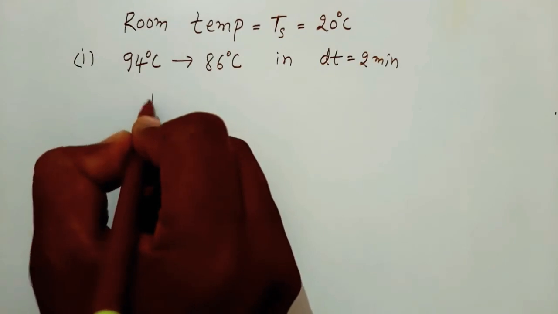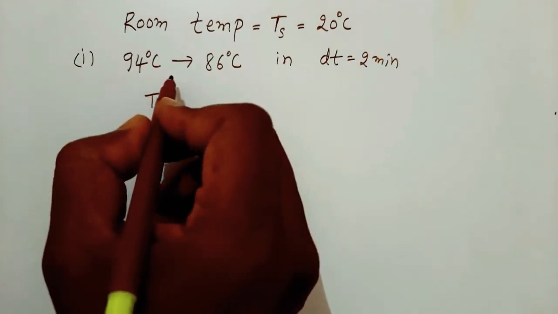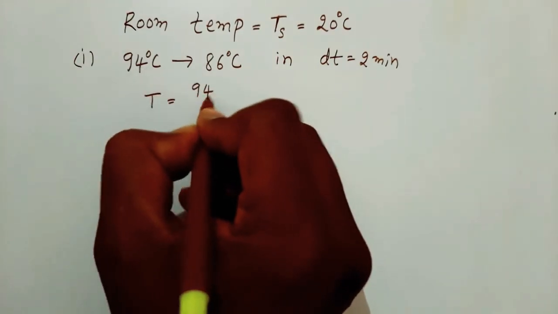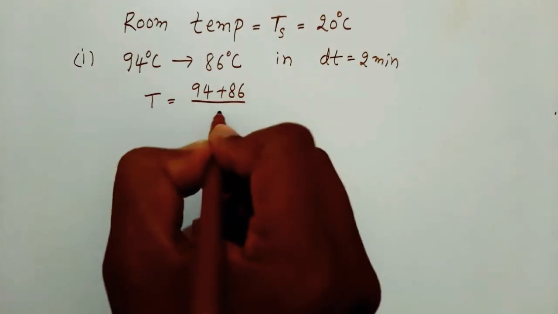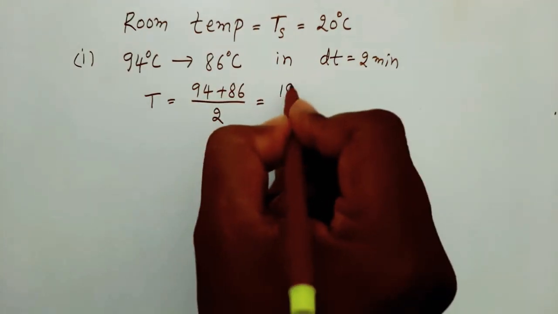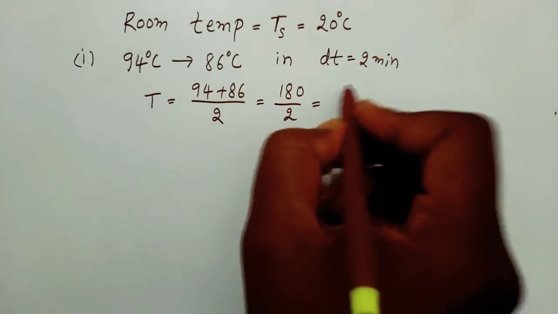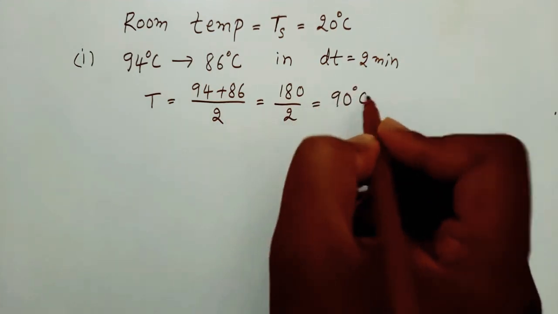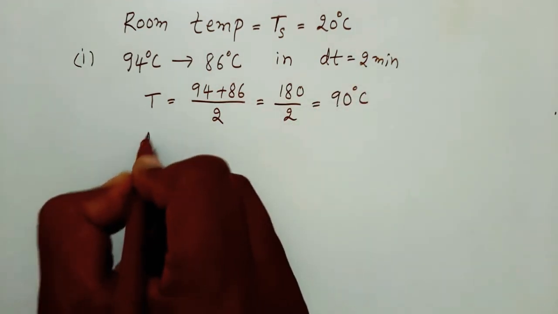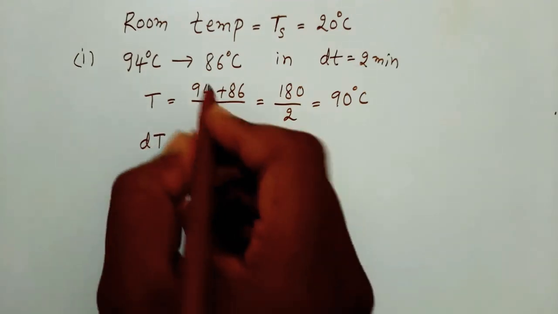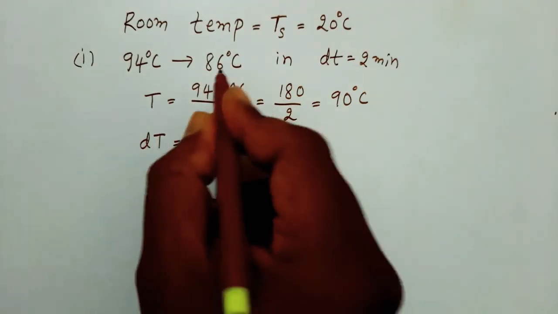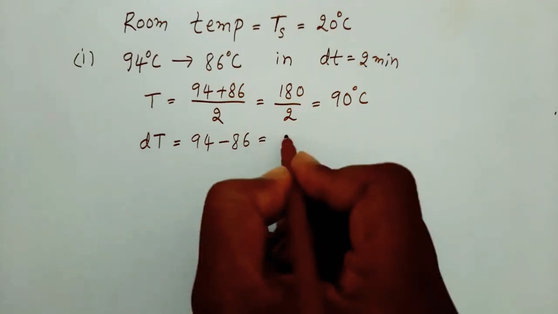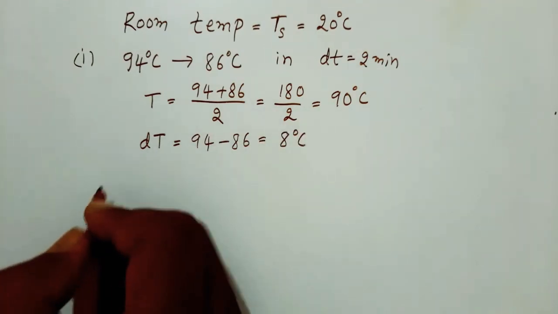Here capital T is the average temperature, that is 94 plus 86 by 2, that is 180 by 2, which is equal to 90 degrees Celsius. The temperature difference dT is 94 minus 86, that is equal to 8 degrees Celsius.